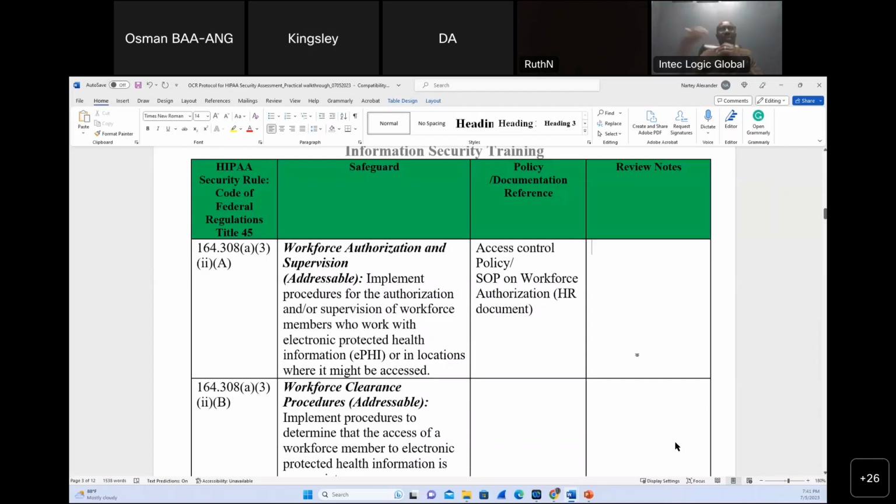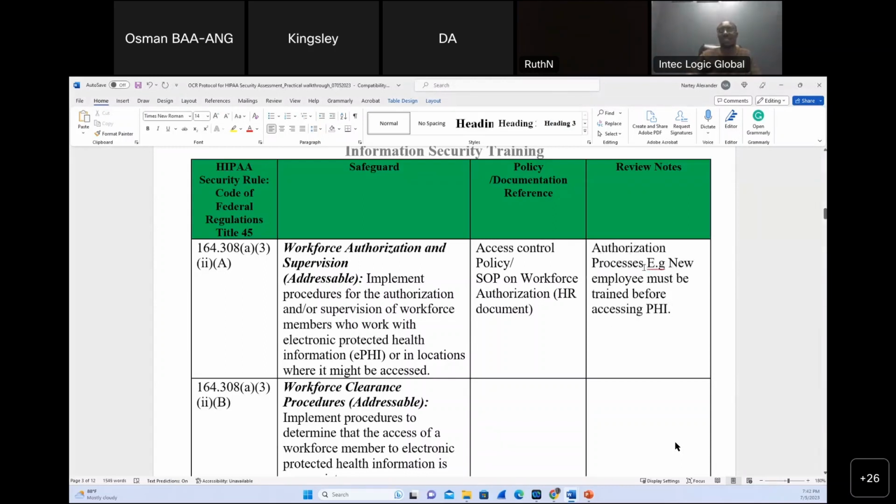So this is about authorization. How do you authorize people and supervise people? What do we want to see here under the authorization? Right. I think Daniel mentioned that, right? If you are a new hire, how the person must be authorized or whatever training they have to go through to have access to a system.